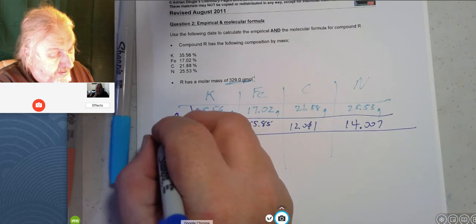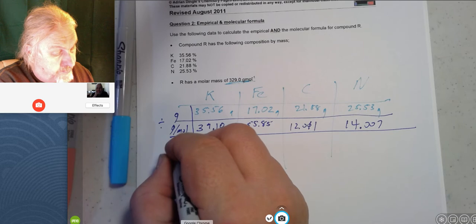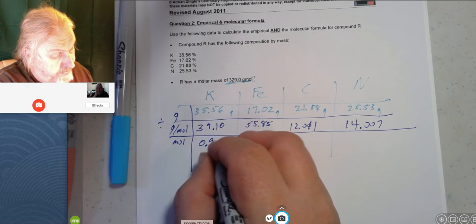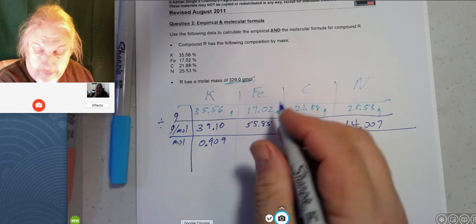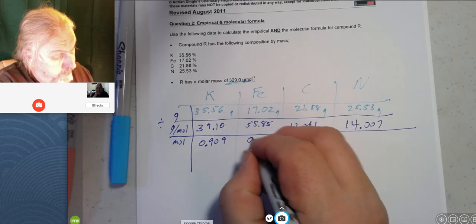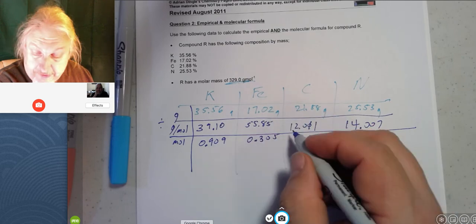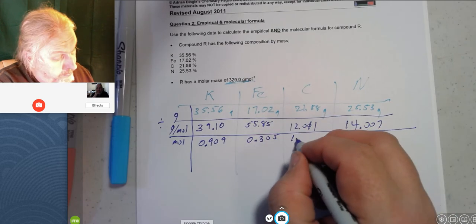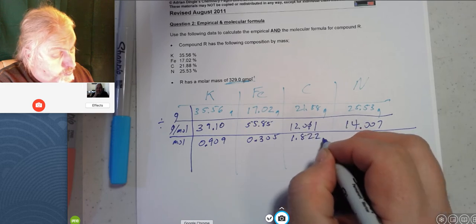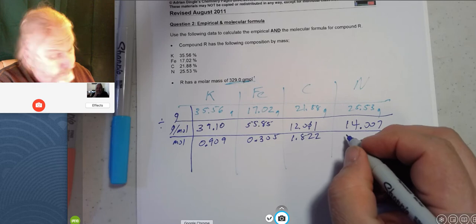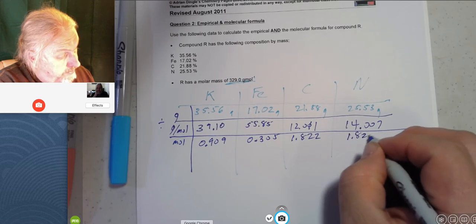Now, if we divide grams by grams per mole, that gives us moles. I came up with 0.909 moles of potassium in the sample, 0.305 moles of iron, 1.822 moles of carbon, and 1.822 moles of nitrogen.